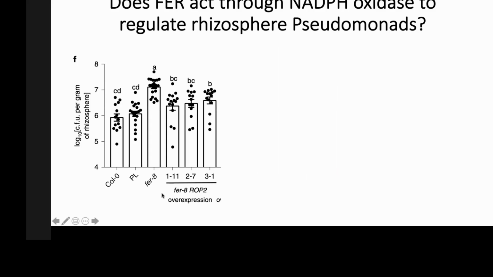And what they did was overexpress RAP2 in a FAIR8 mutant and saw a decrease in CFUs. So here again is FAIR8, we see that increase in CFUs. And then when RAP2 is overexpressed in that background, we see that there's a decrease, right? So that's what we're looking at.